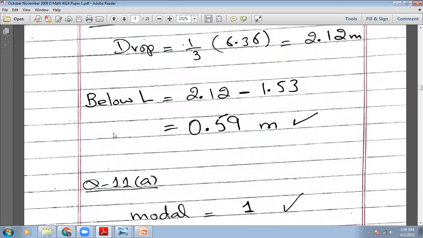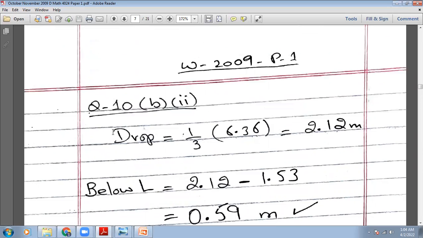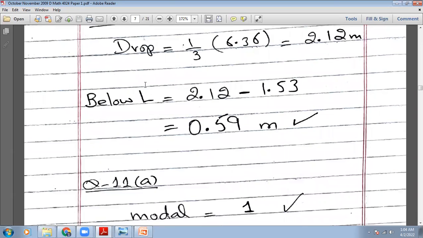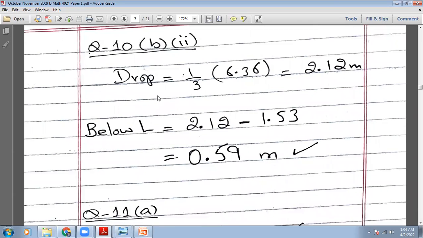So first of all, there will be a drop of a level, 1/3 of the basic drop between the high tide and the low tide. 1/3 of 6.36 equals 2.12 meters. That will be the drop. So how much below this will be from the ledge? It will be 2.12 minus 1.53, and you will get 0.59 meter.